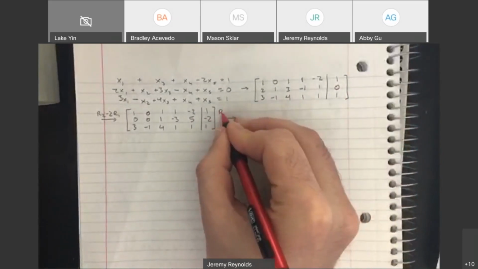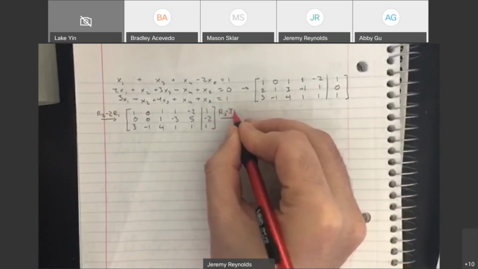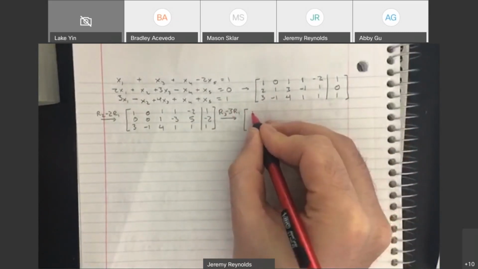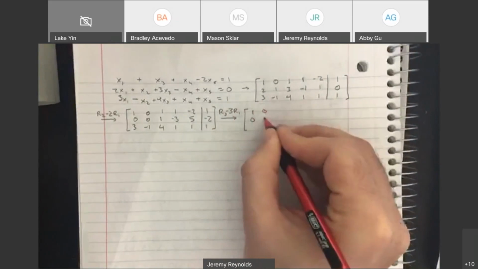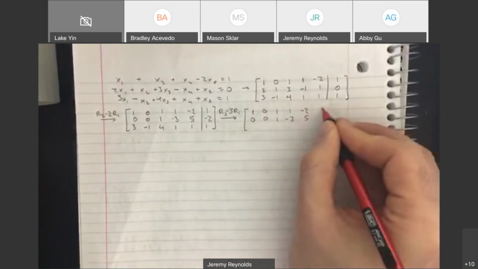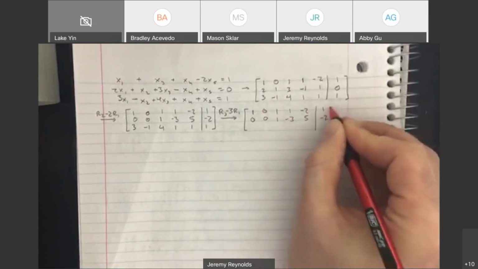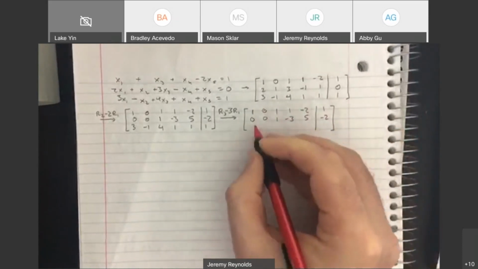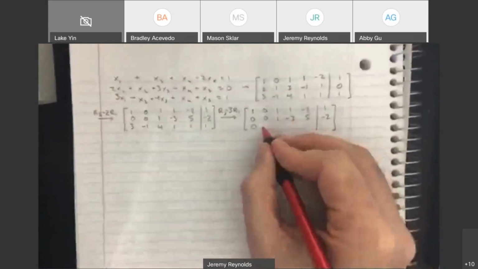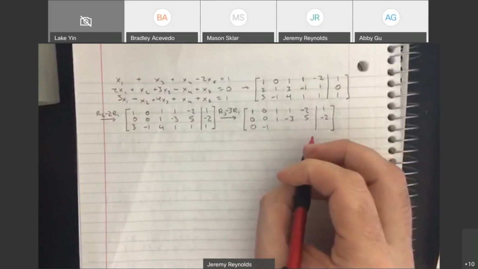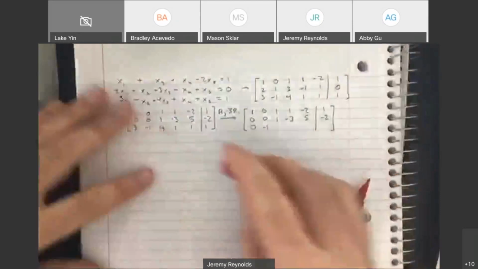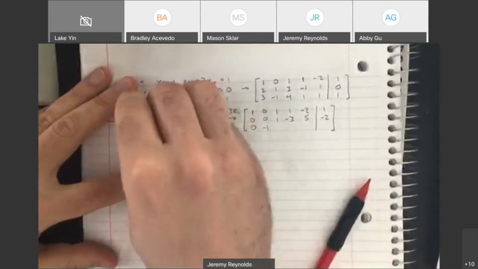So we do the same thing with row 3, and we subtract 3 times row 1. Rows 1 and 2 are going to stay the same. And row 3, so 3 minus 3 times 1 is 0. -1 minus 0 is 0. I miswrote, sorry.